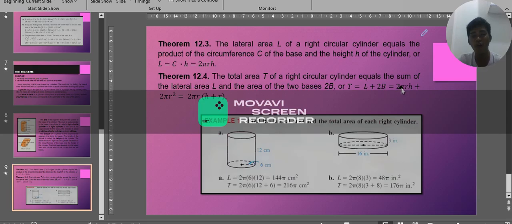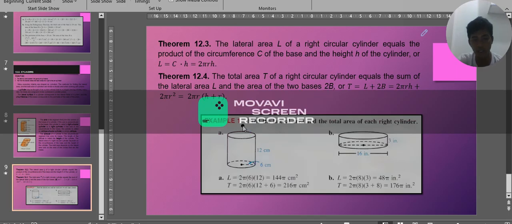T equals 2 pi rh plus 2 pi r squared. You can also simplify it by saying that 2 pi r is multiplied by the quantity h plus r. So, that's how you find the total surface area of a right circular cylinder.